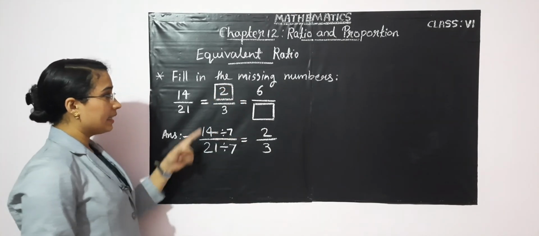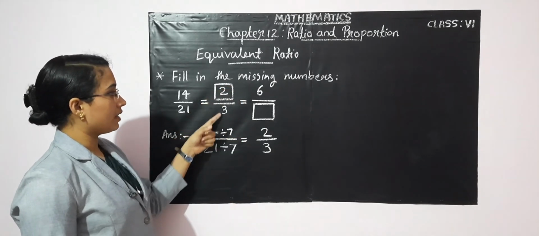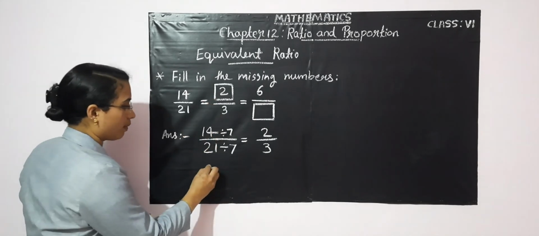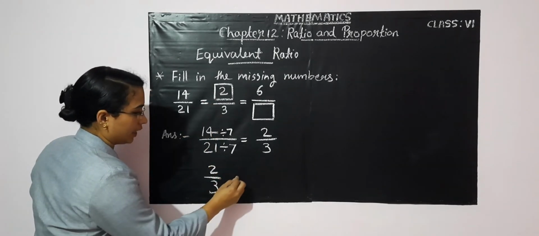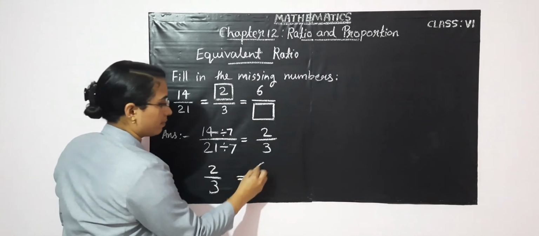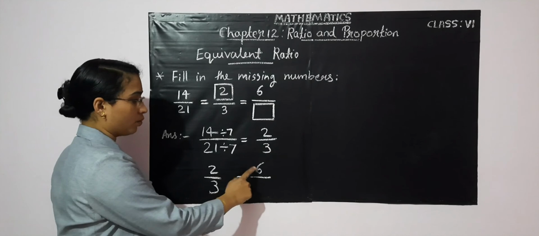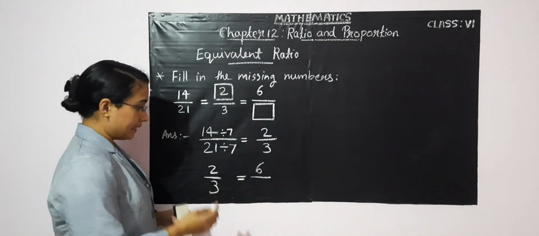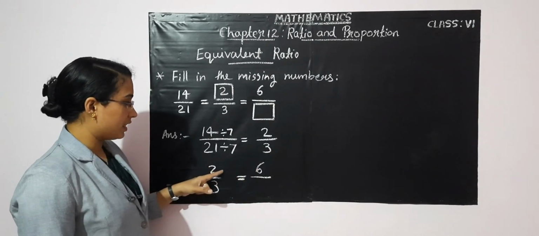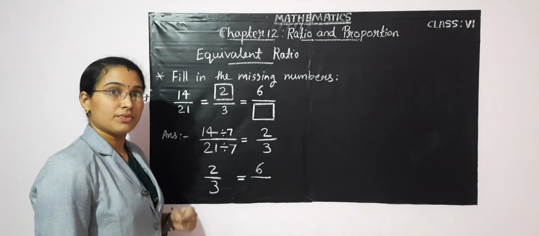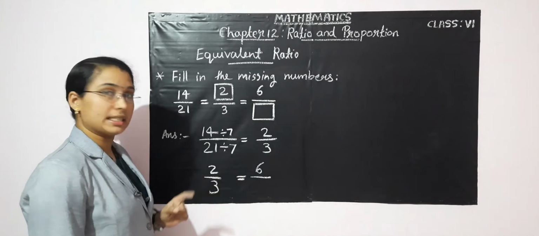Okay. Next we want to take the second fraction, 2 by 3. 2 by 3 equal to 6 by dash. Here the denominator is missing and we have 2 numerators. So we can check with the numerator. 2 into which number we will get 6. Which number do we want to use for multiplication? 3.